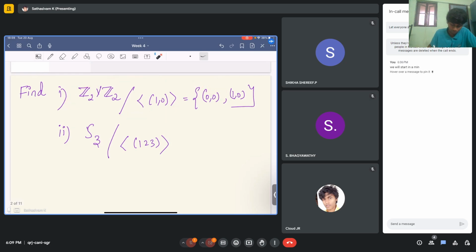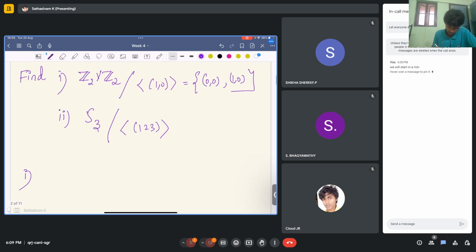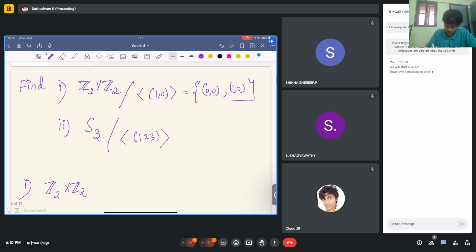Now let's see how to prove it. So we look at Z2 cross Z2, and we want to say this quotient is isomorphic to Z2.